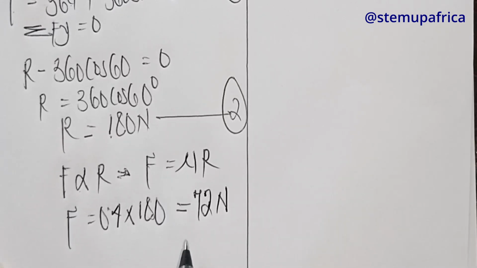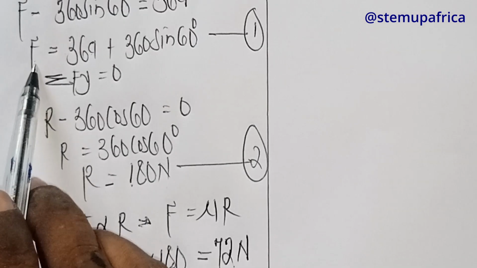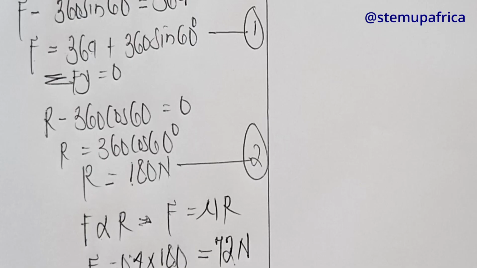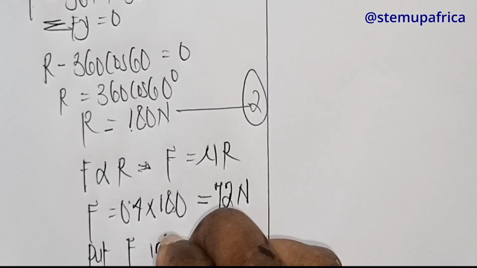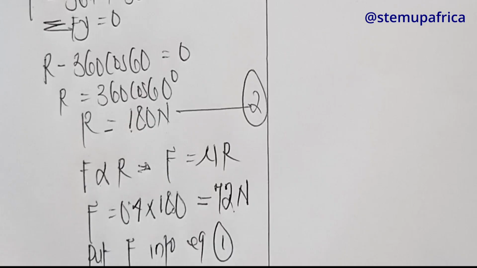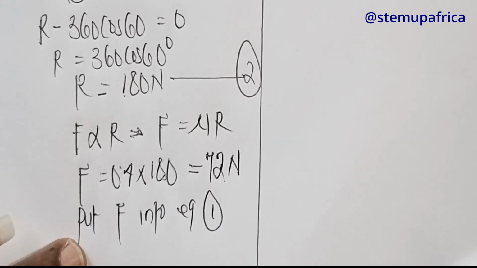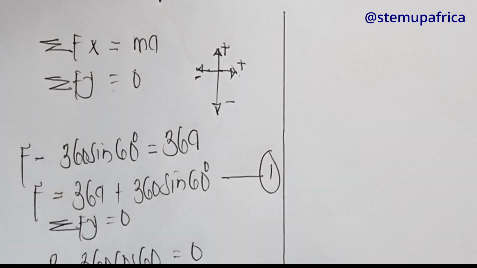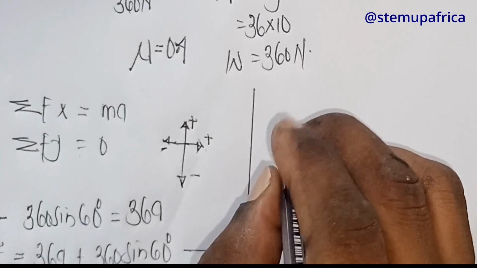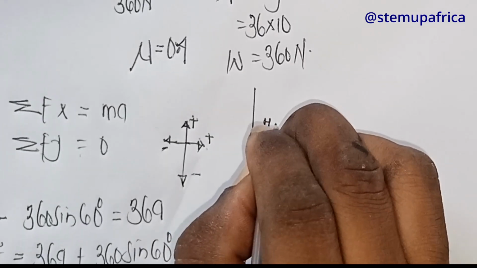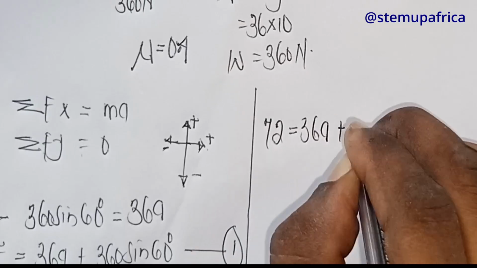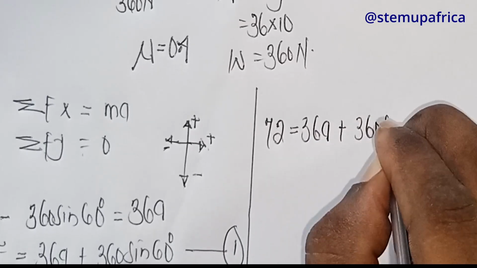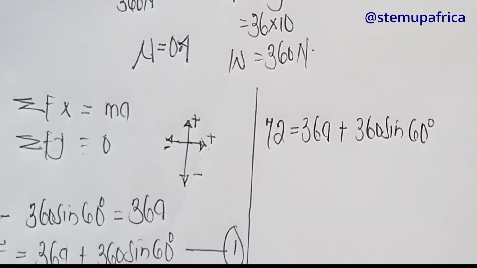So let's substitute F into equation 1 to find our A. So put F into equation 1 so we can get our A. So we're going to have 72 equals 36A plus 360 sin 60 degrees.